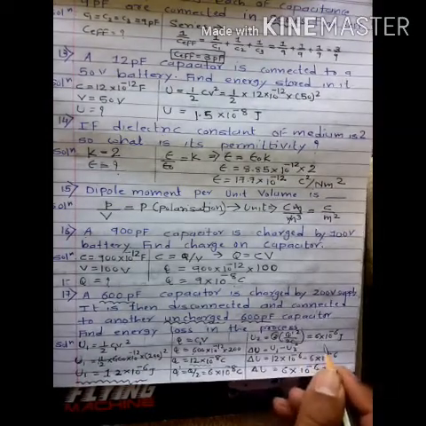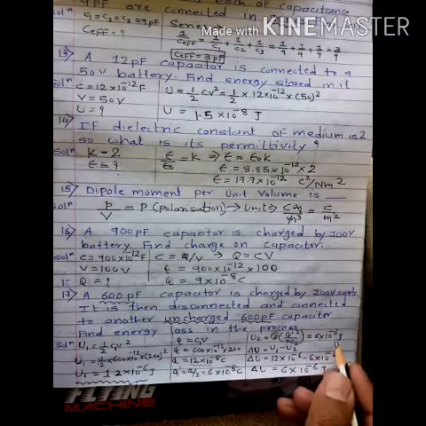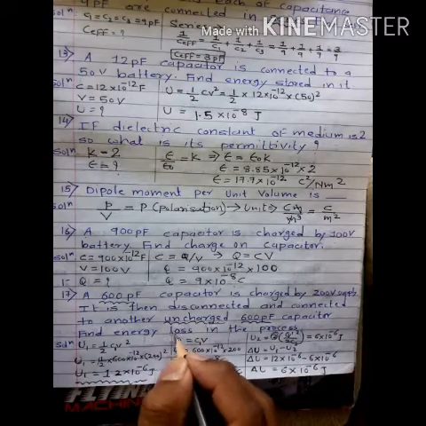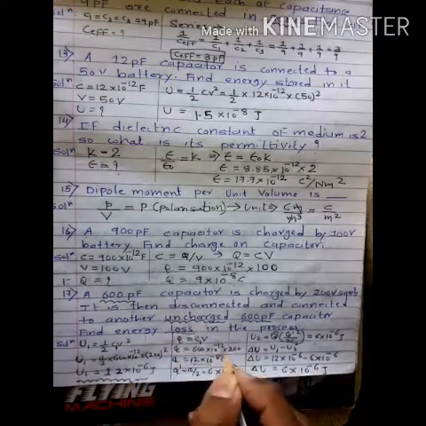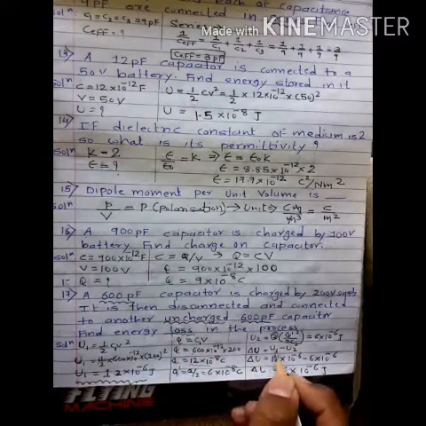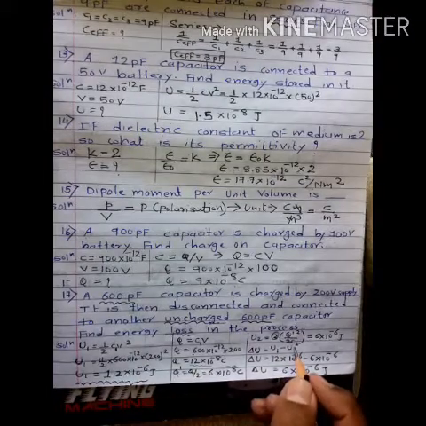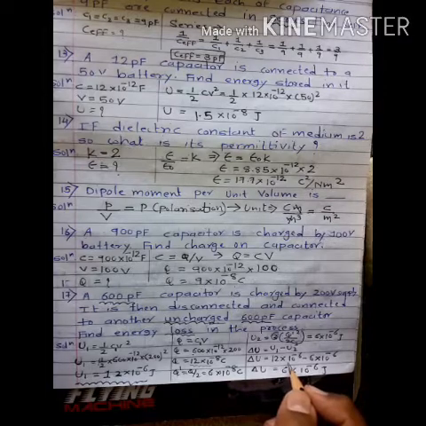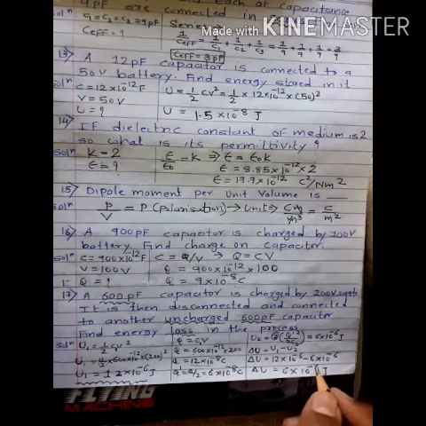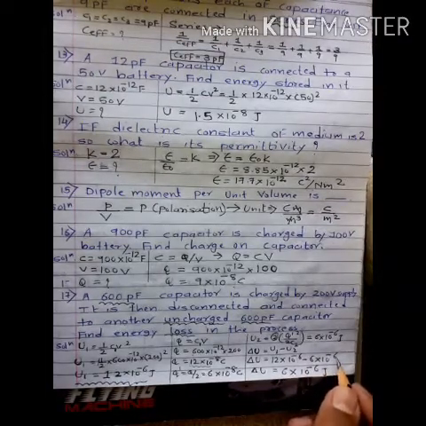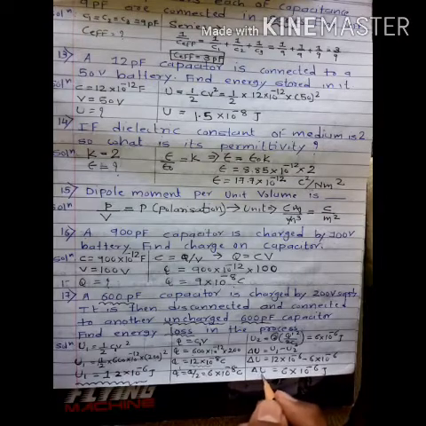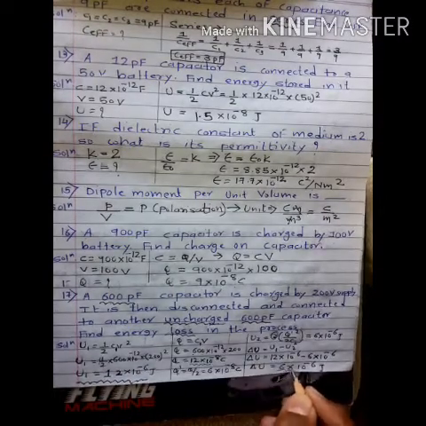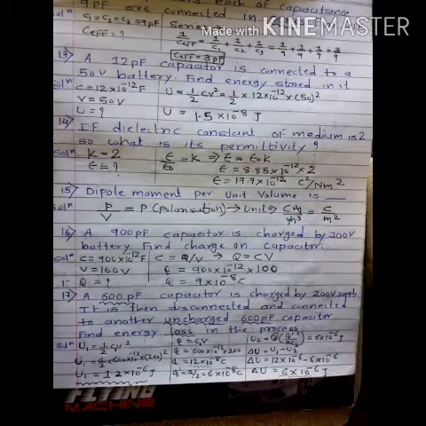Clear? And so your answer is 6 into 10 raised to minus 6 joule. Now we want the energy loss. Energy loss delta U is equal to initial energy minus final energy, U1 minus U2. U1 is 12 into 10 raised to minus 6 minus U2, 6 into 10 raised to minus 6 joule. So your answer is delta U, the energy loss in this process, is 6 into 10 raised to minus 6 joule.